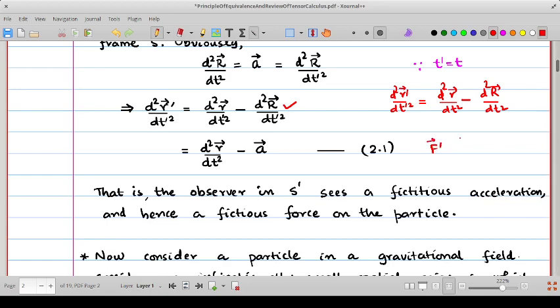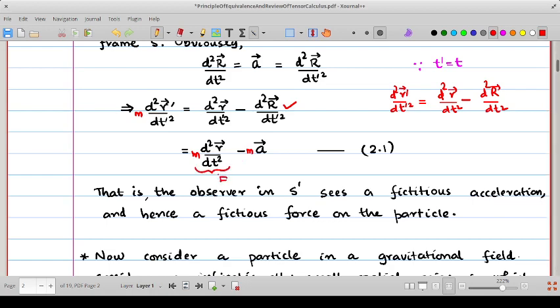So that is the force acting on the particle in the frame S dash, m times d square r dash by dt dash square, which is equal to m times d square r by dt square minus ma.